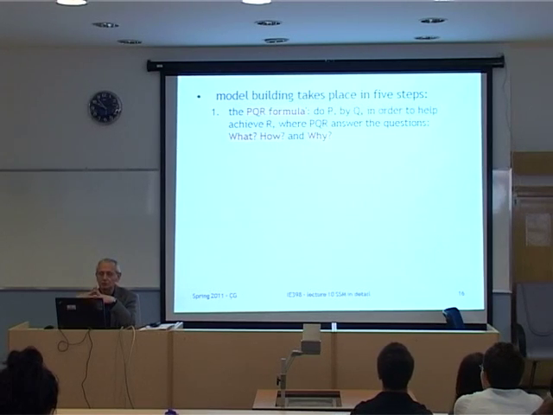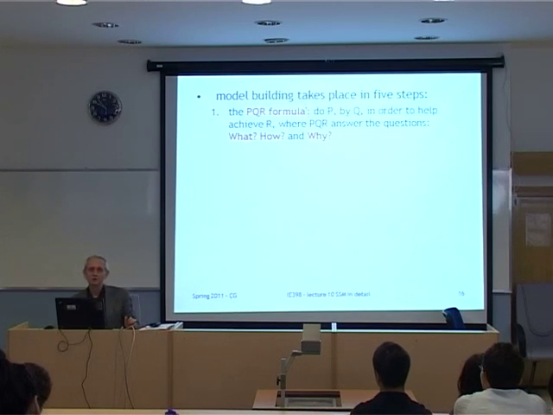What are we going to do? Q tells us how to do it, whatever we are doing, and therefore it's an answer to the how question. And R is what we try to achieve by doing P, okay? And that is the answer to the why question.